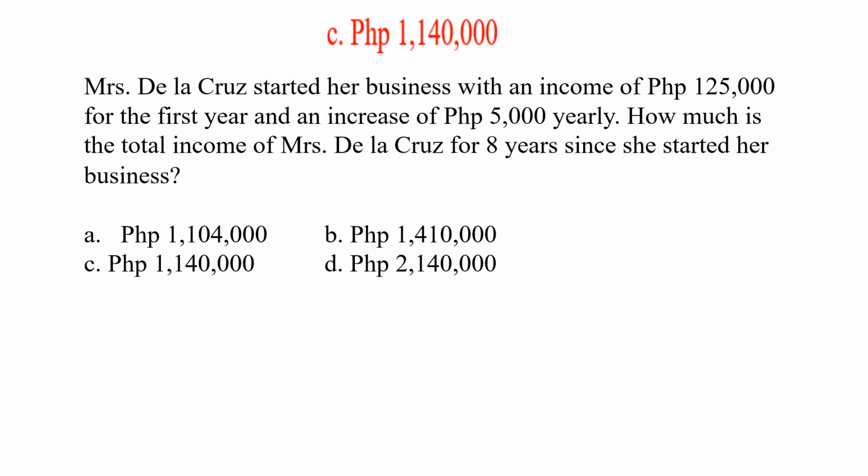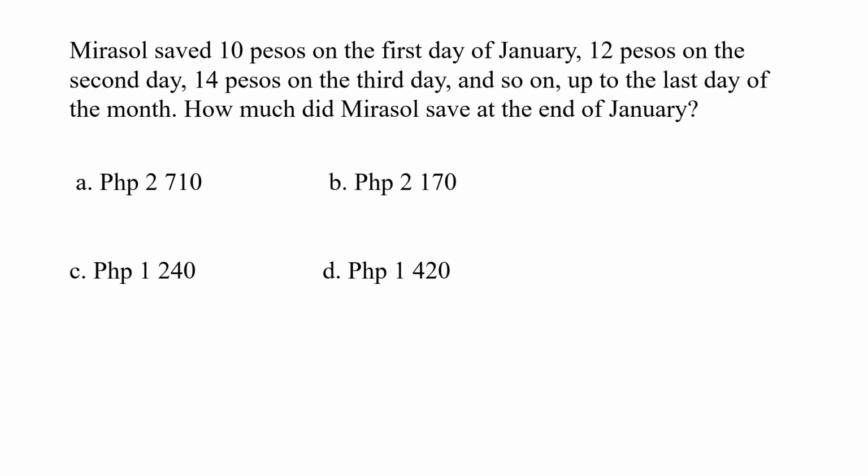For the next problem, Mirasol saved 10 pesos on the first day of January, 12 pesos on the second day, 14 pesos on the third day, and so on, up to the last day of the month. How much did Mirasol save at the end of the month? So again, this is a problem about the sum of an arithmetic series.